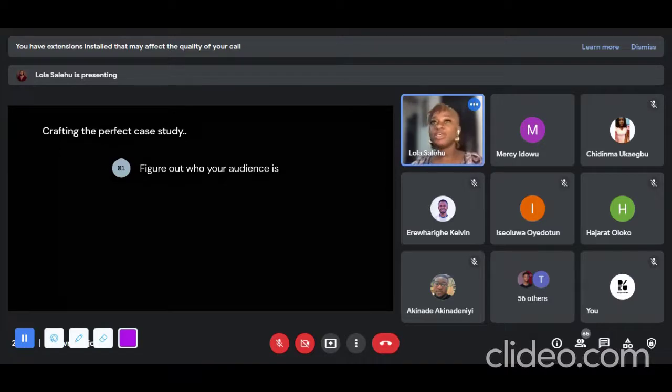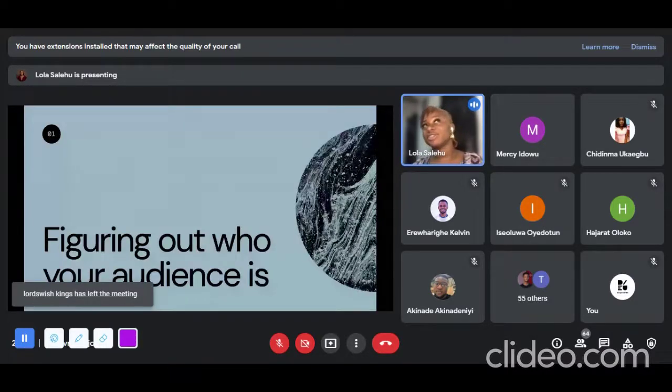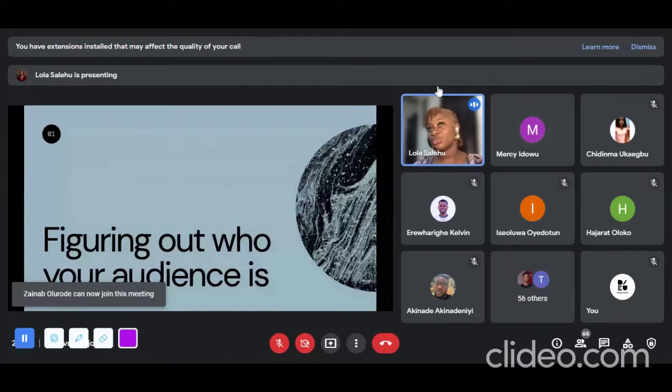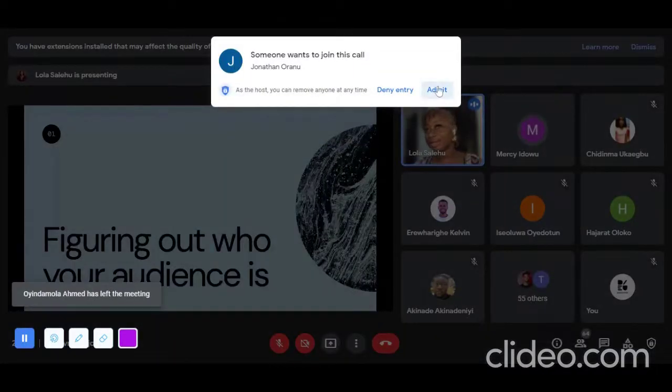So you could be writing a case study for Medium, maybe because you want to reach a larger audience or put yourself out there. You could be writing one for your mentors if you're part of a design program and you have an assignment.